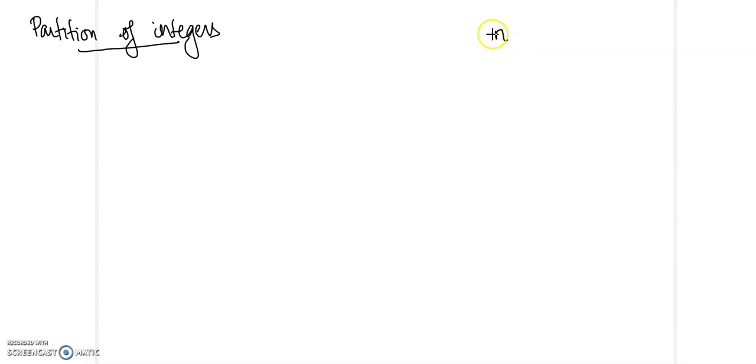Now, by a partition of n, we mean a way of representing n as a sum of positive integers. So say for example, if it is the number 3, I can represent 3 as 2 plus 1. So this is a partition of 3 in terms of integers 2 and 1.